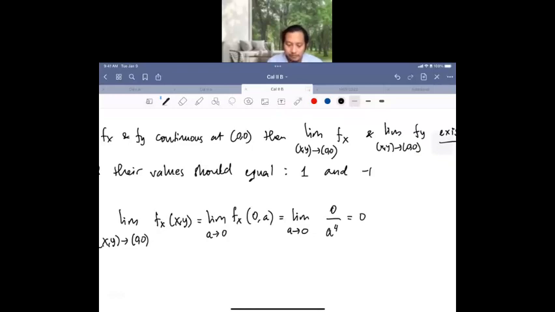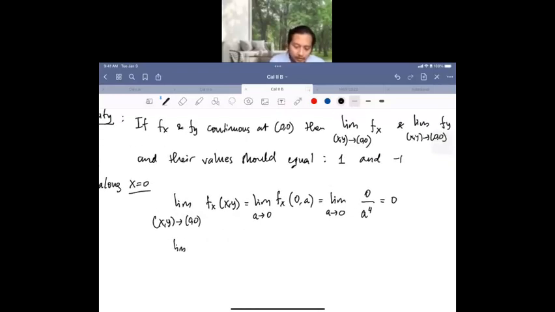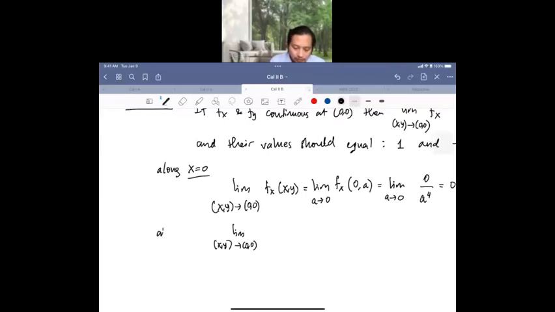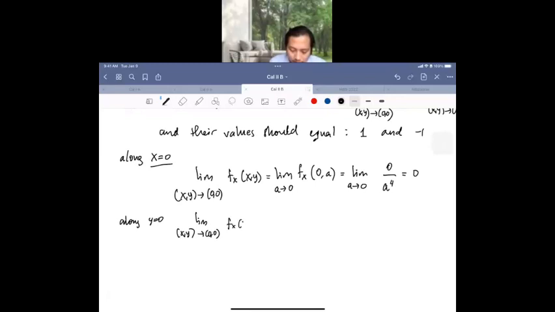Okay. And same thing with the other part. If we take y equals 0, we take the partial x as, let's say, the limit along the other way around.